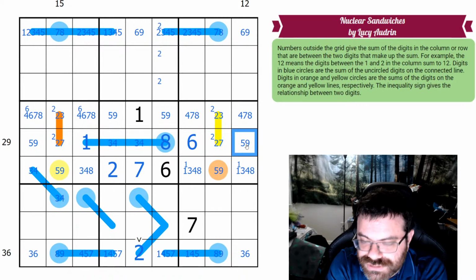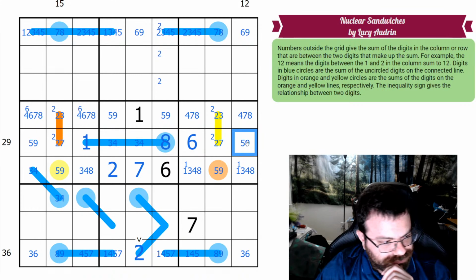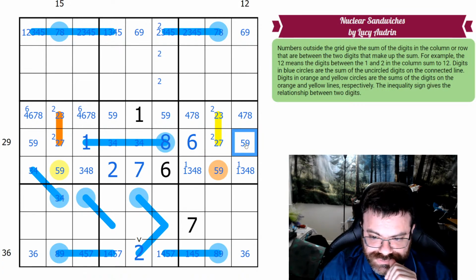Interesting. Let's see. If this were a 9, where would we put the 12? We can't do 9, 3.